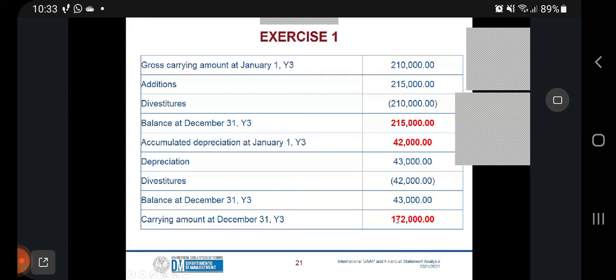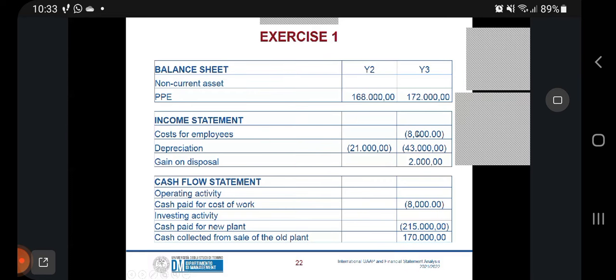Cost for employees, always in the income statement, is a cost 8,000. First depreciation charge of the new plant acquired by the company, 43,000. And then, if you remember, there is the gain on disposal, which is always recognized in the income statement, 2,000.